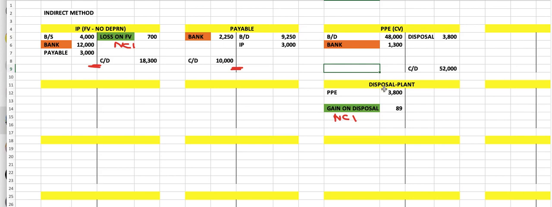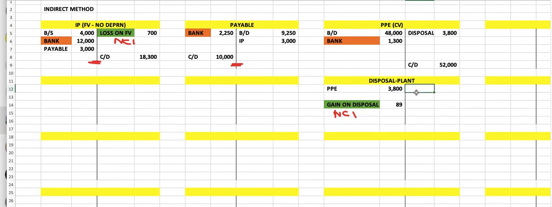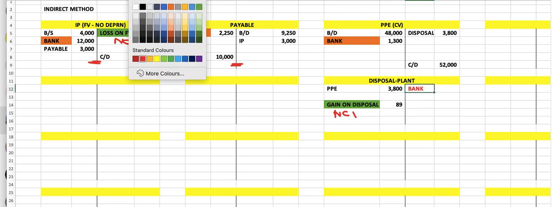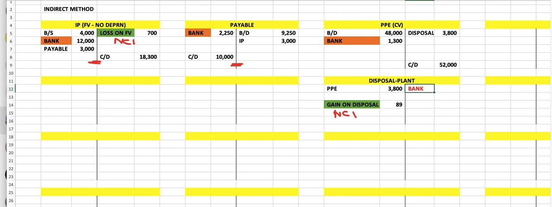Number 2 settle. So we have to close the account. So disposal, when you close, this is the carrying value. So how much is actually the sales proceed when you sell? So that will be bank. So you add this to account, dia jadi 3,889. 3,889 ya.